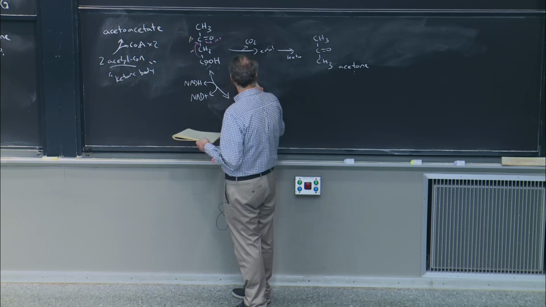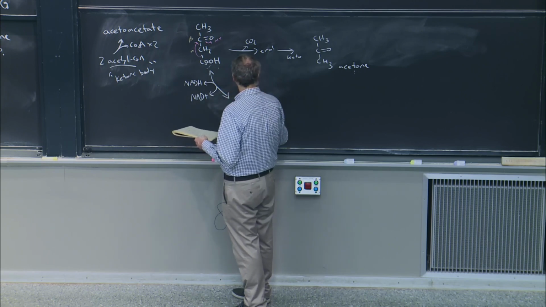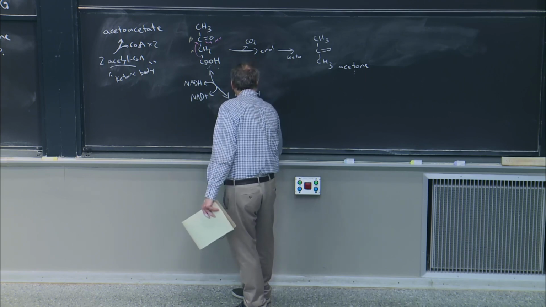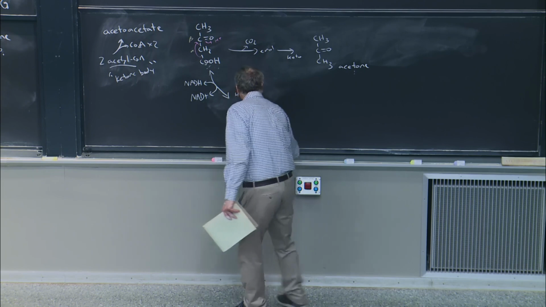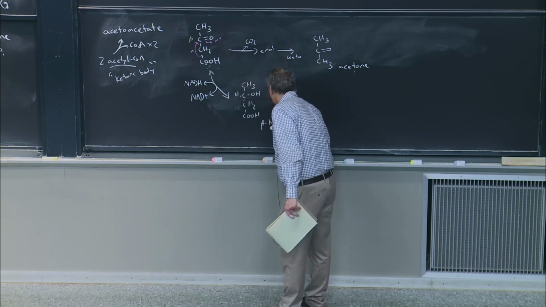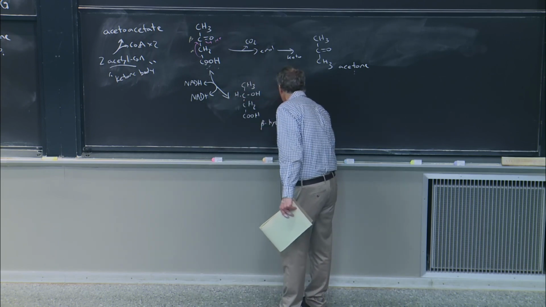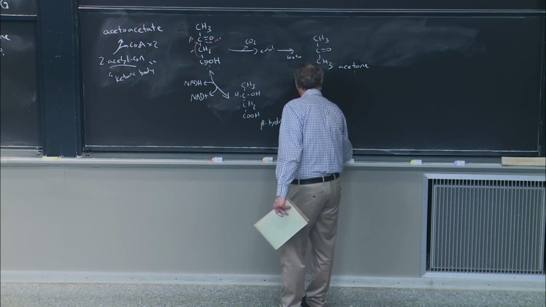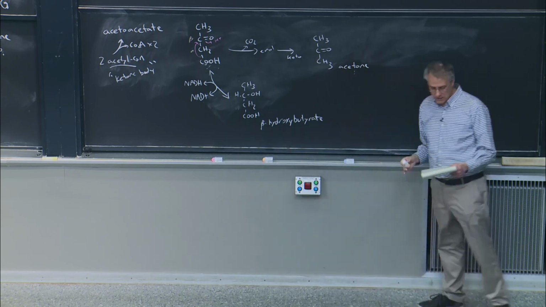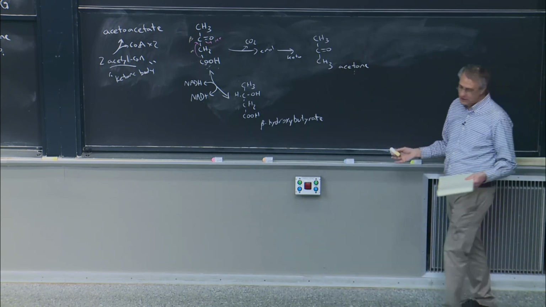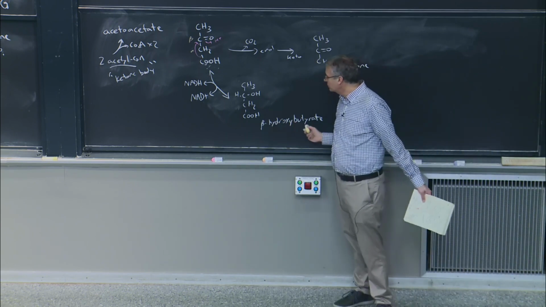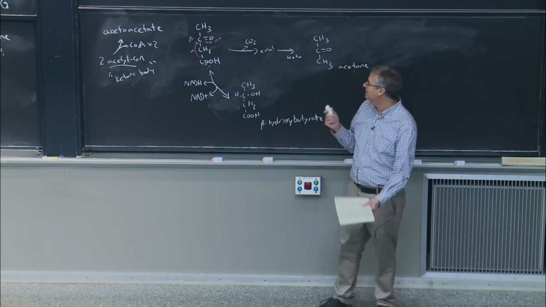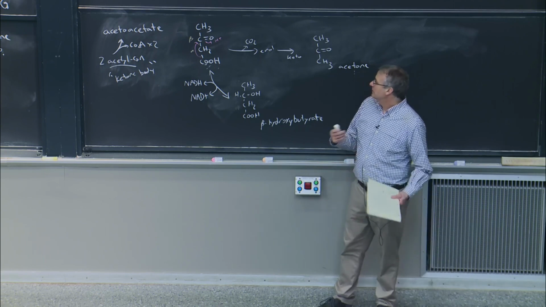NADPH is the donor, and that leads to this molecule, which is called beta hydroxybutyrate. And beta hydroxybutyrate is the canonical ketone that circulates in your blood, and measurement of beta hydroxybutyrate levels really tells you if you're really doing the ketone diet properly.